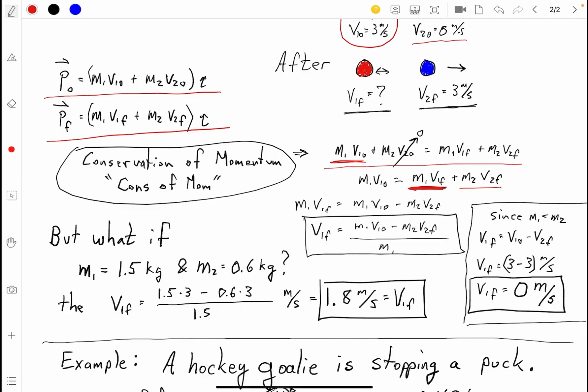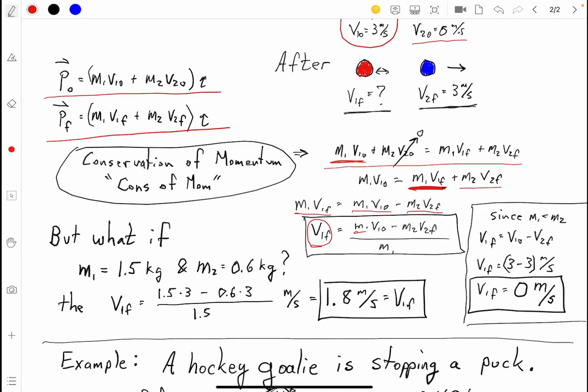So what do we say? We say m1 v1 initial minus m2 v2 final is going to give us our m1 v1 final, okay? Great. So this is the equation that we're left with, because we really just want to know what this velocity is. Now, we can do a couple of things.